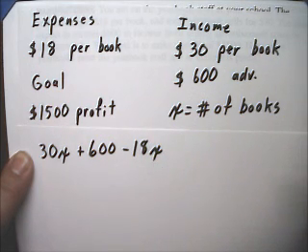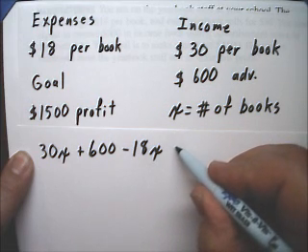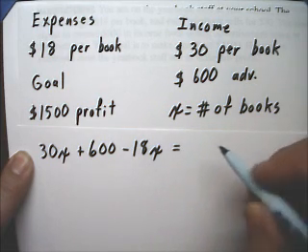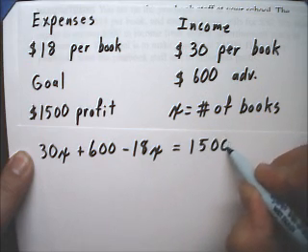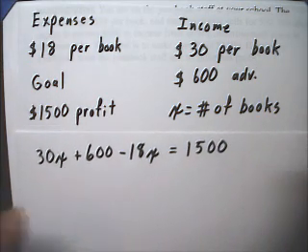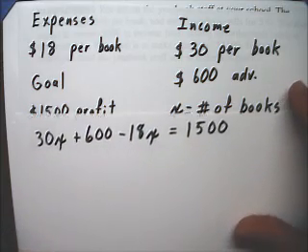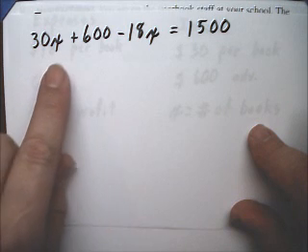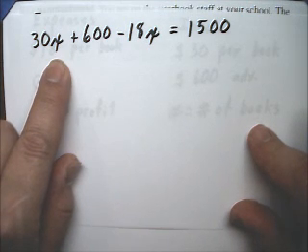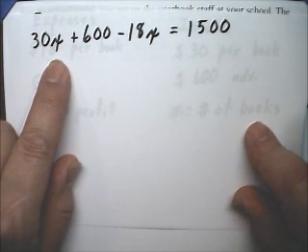And we want this to be a profit of $1,500. So that's the hard part, really, coming up with this equation. Now when we solve this equation, we'll have x, which is the number of books that we need to sell.